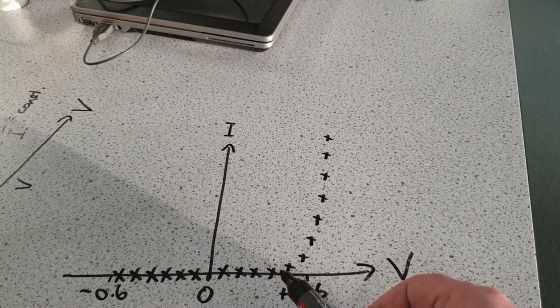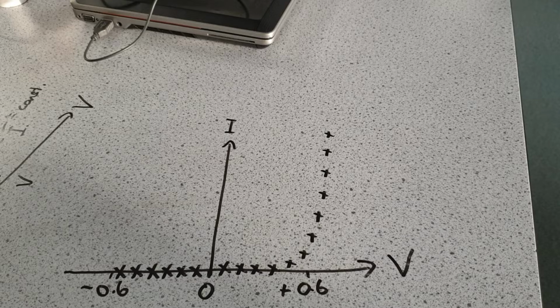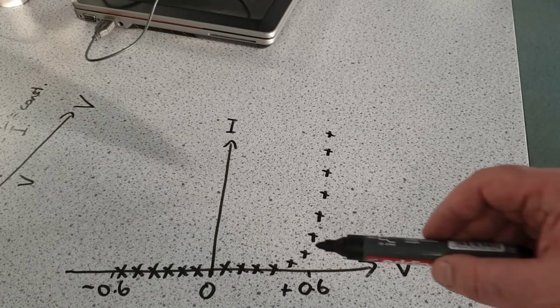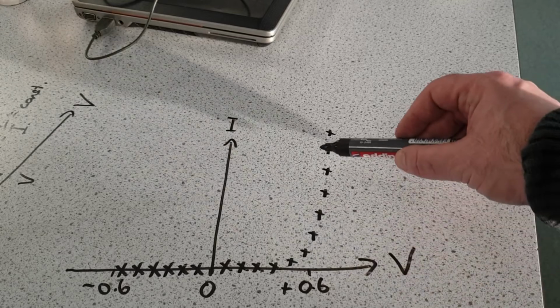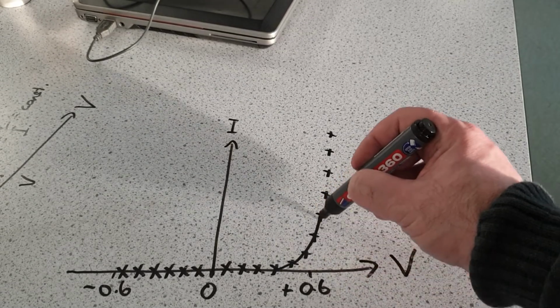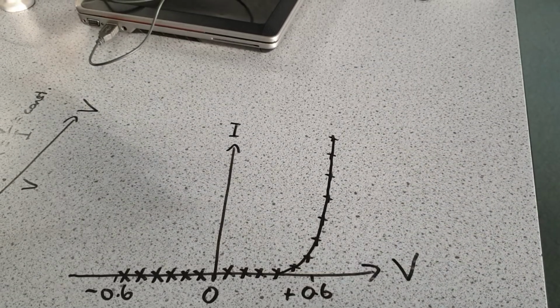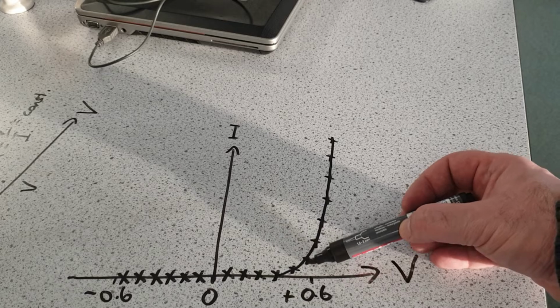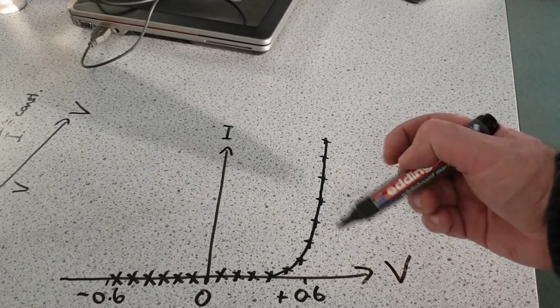But as soon as you reach a certain voltage across the diode, all of a sudden everything changes and the resistance of the diode drops and you suddenly get a huge current. Now for the most common type of diode, which is sometimes called a PN diode, the switching voltage, as it's called, is at about 0.6 volts. So that's why I drew this 0.6 volts here.